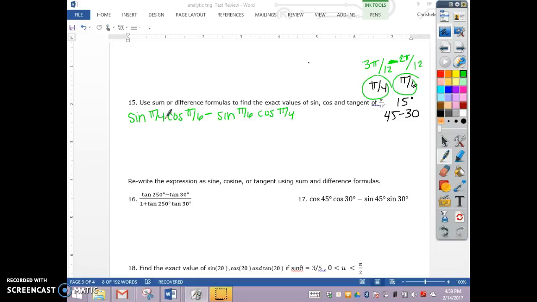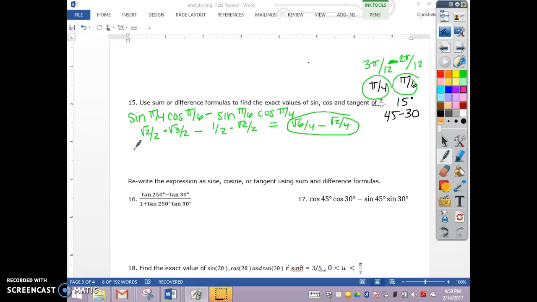So pi over 4, that y value is square root of 2 over 2. Pi over 6, that x value is square root of 3 over 2. Pi over 6, that y value is 1/2. And pi over 4, that x value is square root of 2 over 2. Final answer, square root of 6 over 4 minus square root of 2 over 4.